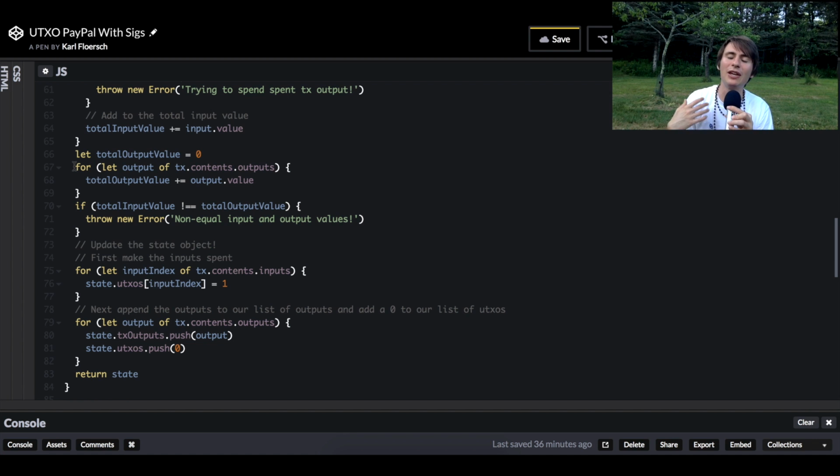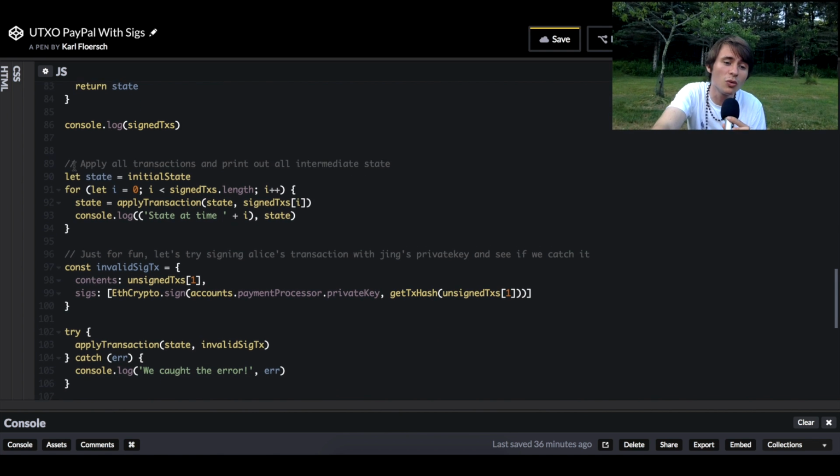It's like if we had a rule in our account model which said you can only send from 1 address once, then we wouldn't need the nonce. But because you're able to reference the same account multiple times, we need this kind of nonce stuff. But there are different trade-offs.